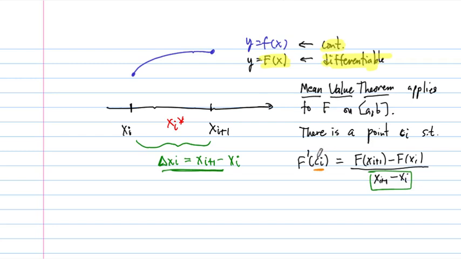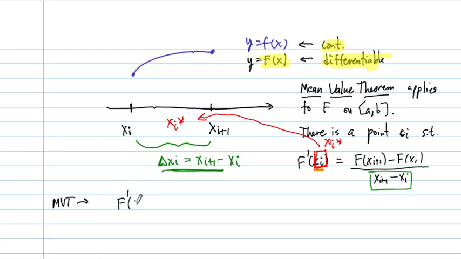let's not sugarcoat this. What we're going to want to do is choose this point that's guaranteed by the mean value theorem. We're going to want to choose this to be our xi with a star. Okay, so let's write all this out. If we choose that to be xi with a star, this down here is delta xi. The mean value theorem then tells us that for capital F, we've got this property.